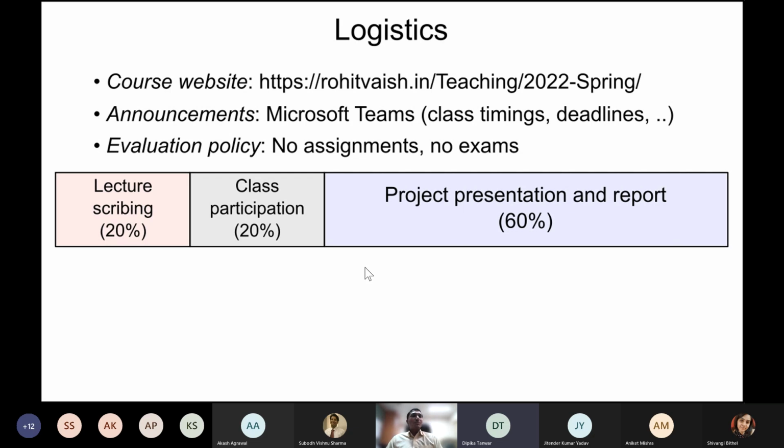So here's what I thought was reasonable. 20% of your grade is going to depend on lecture scribing, which is basically taking notes for each lecture. Today, I think Aniket and Akash have very kindly agreed to it, but in the subsequent lectures, I'll keep appointing groups of 2. Those of you who haven't signed up for groups, please do so soon, so that you will know which lecture you're scribing in advance. It's good for you.